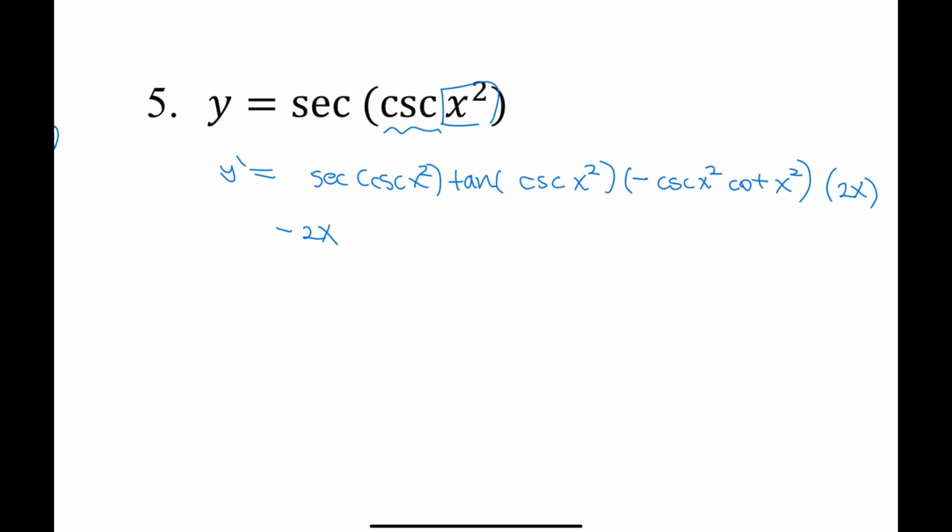Now let's see if we can simplify any of these. So secant is cosecant x squared over 1 times sine. Okay, so we can't simplify that. We can't simplify much right now. We have sine x squared over 1 times sine.